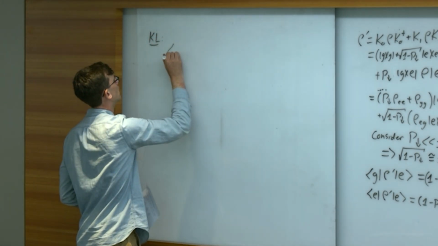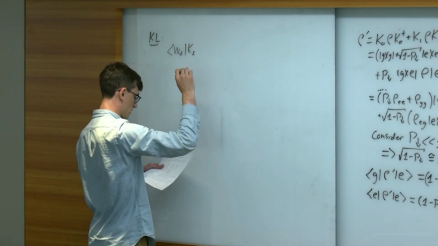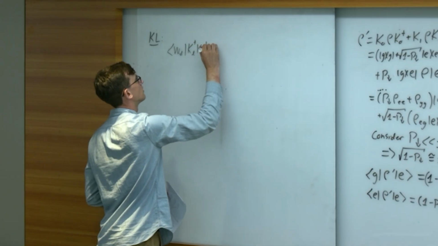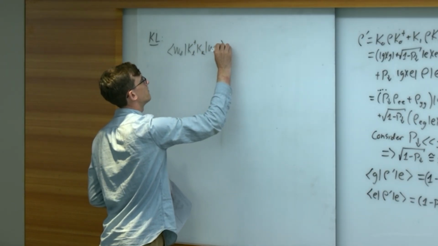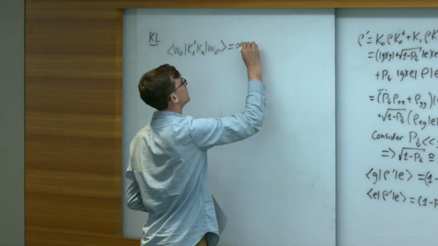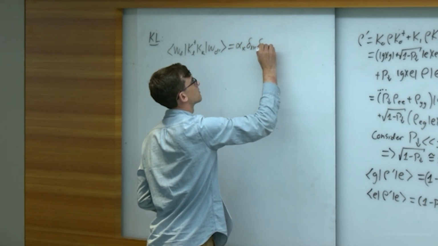I want W sigma, K_L dagger K_K, W sigma prime, to equal alpha_K, delta_LK, delta sigma sigma prime.